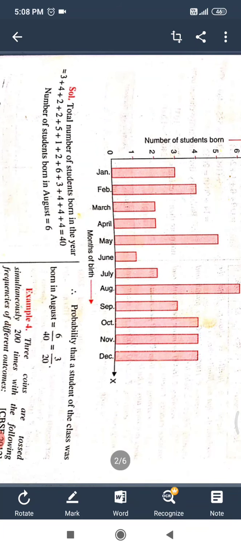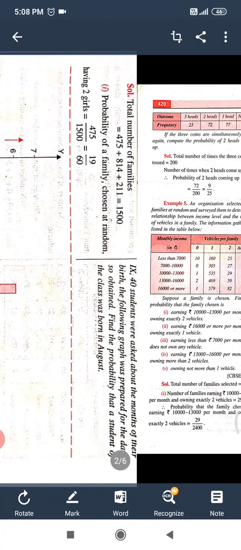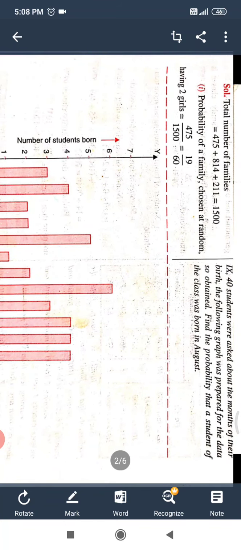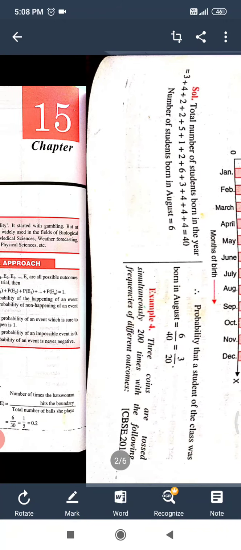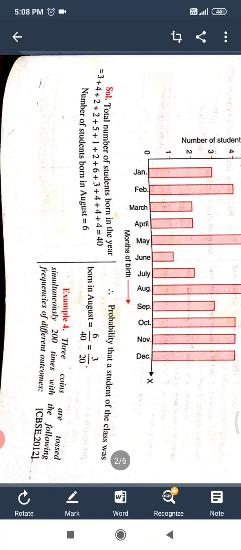Okay, and the total number of students, how can we calculate? It is already given in the question: 40 students. So the total number of students will be 40. The number of students born in August is equal to 6.